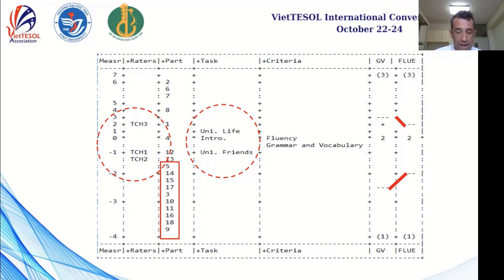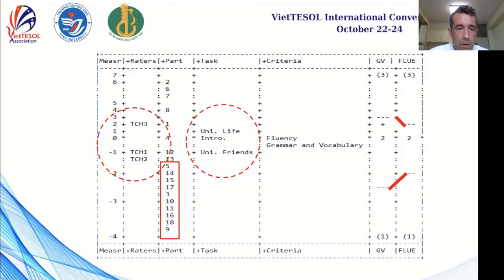We have 4 facets in this test: the raters, the participants or test takers, the tasks, and the criteria. And the benefit of using this tool is that it provides us with a singular scale for all facets that may affect speaker performances. And with it, we can understand how the elements within one facet relate to other elements within the same facet and elements in other facets.